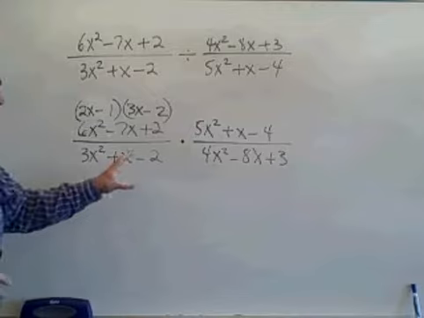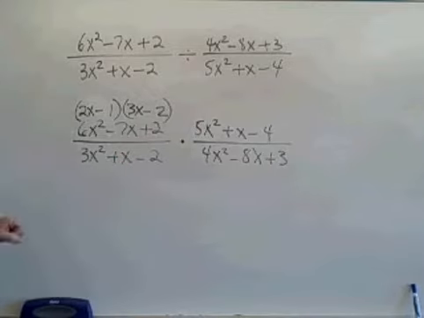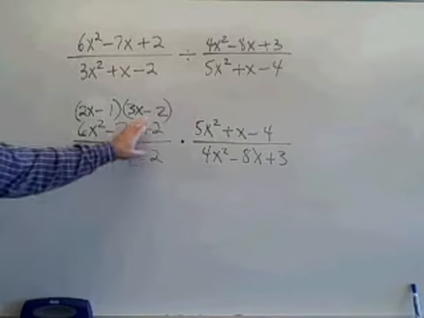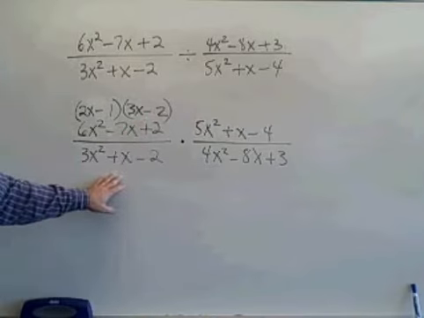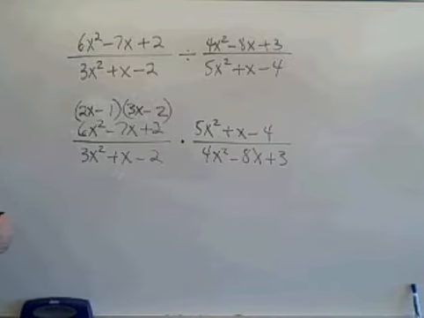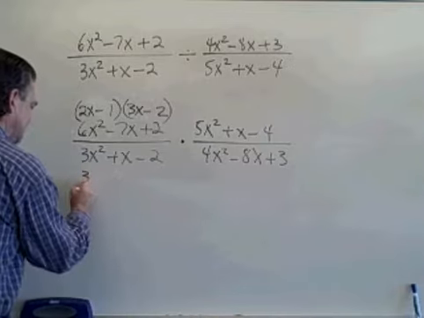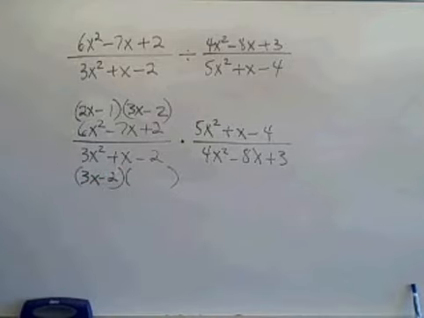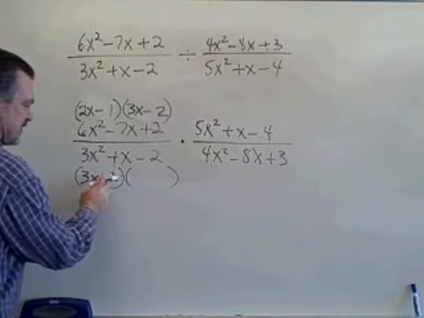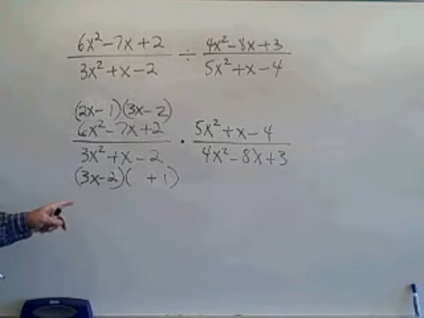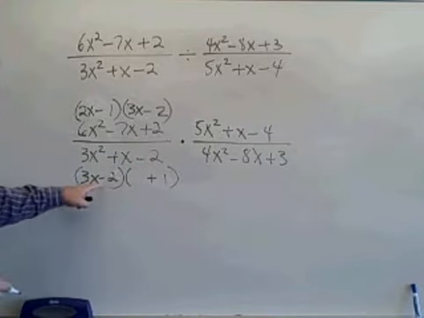Now let's see if we can use that one to help us with any of the others. I wonder if 3x minus 2 could be a factor of this trinomial. I see a 3x, I see a 2, perhaps. So let's try that. Since this is minus 2 and minus 2 here, wouldn't I have to have plus 1 so that the L-foil would give me the minus 2?